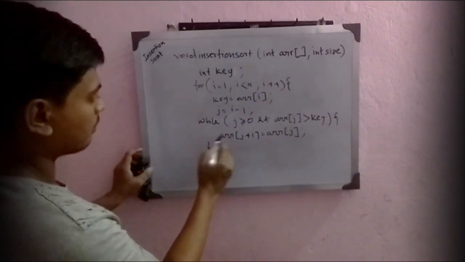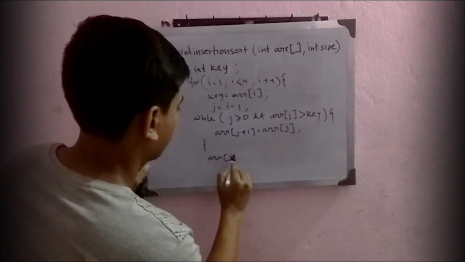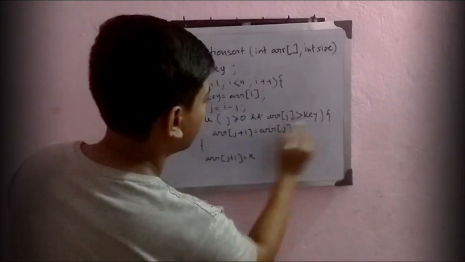And after the shifting, we have to change the key, right? Because the new key is array of j plus 1 if the while loop is satisfied.